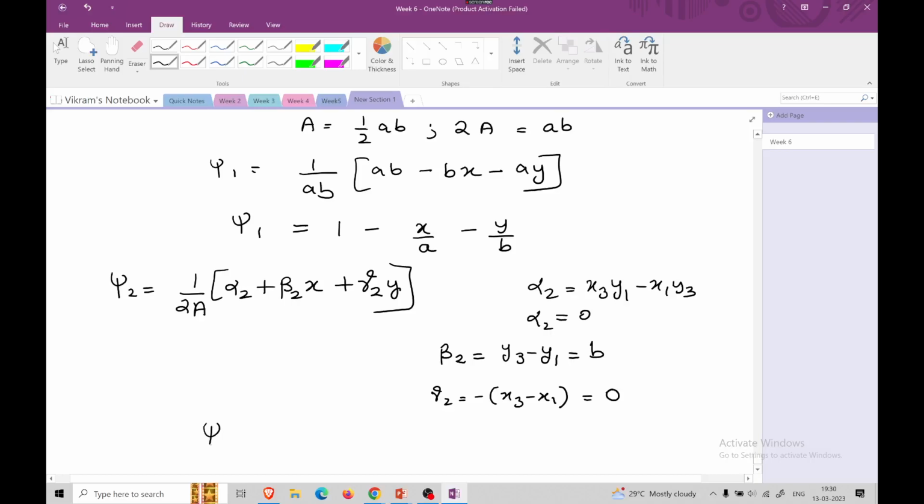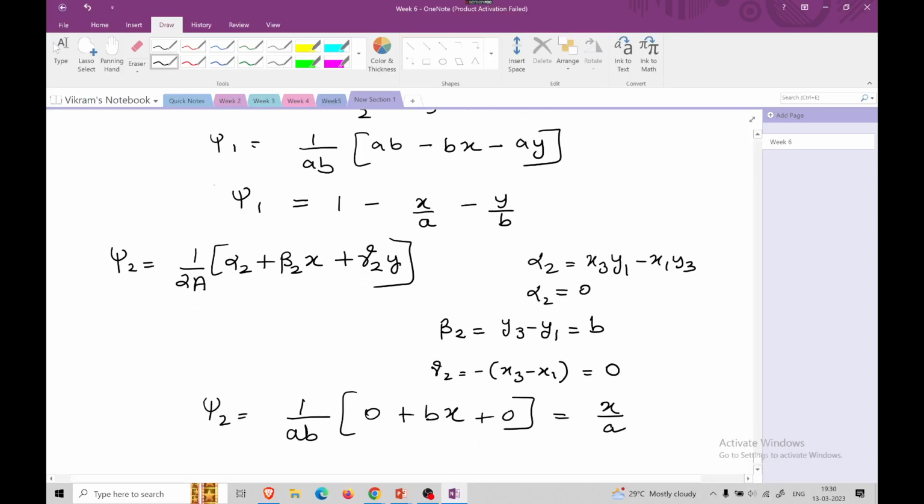So ψ2 is 1 by ab into α2, 0, plus β2 x plus 0, so this is simply x by a. ψ1 and ψ2 I will highlight here.